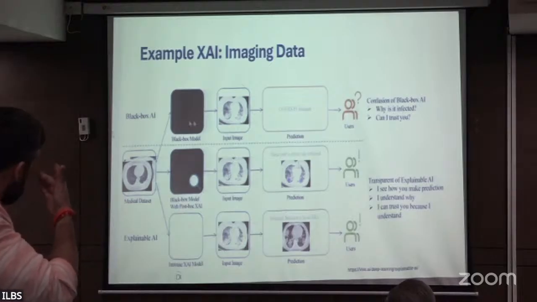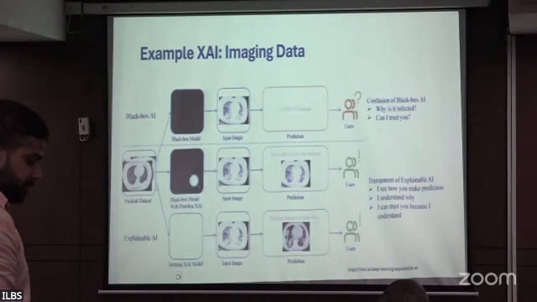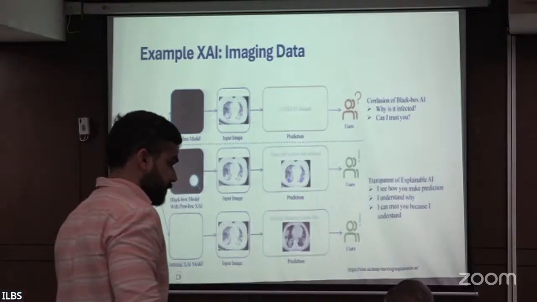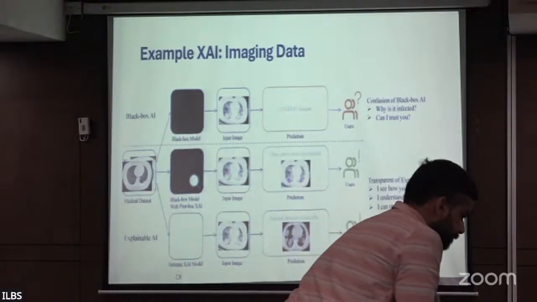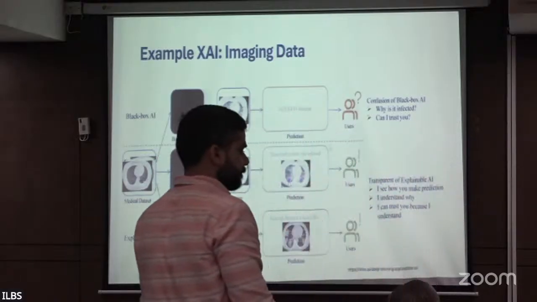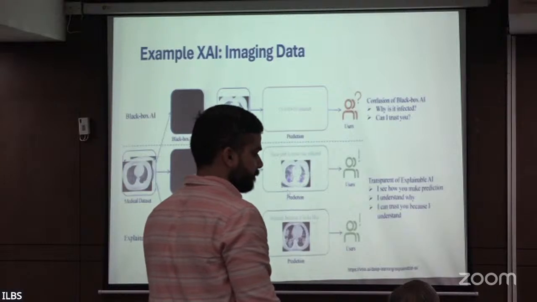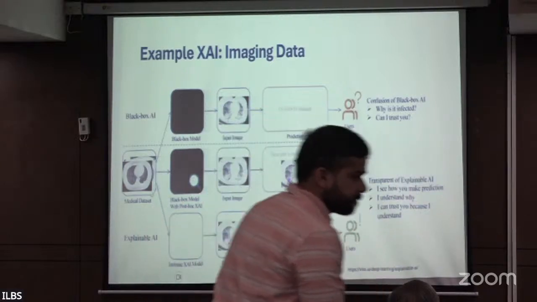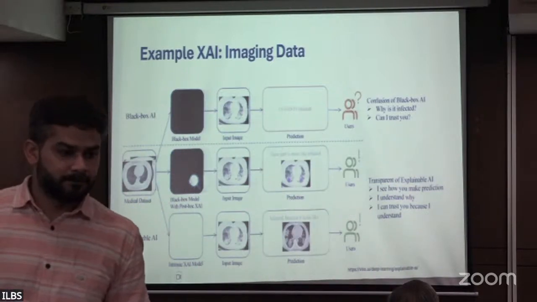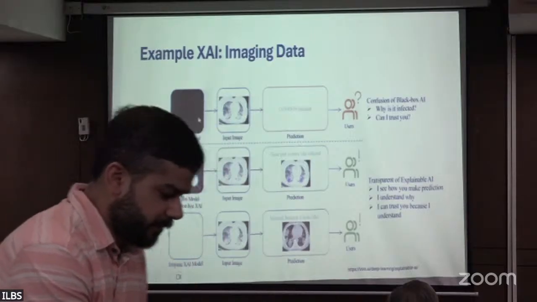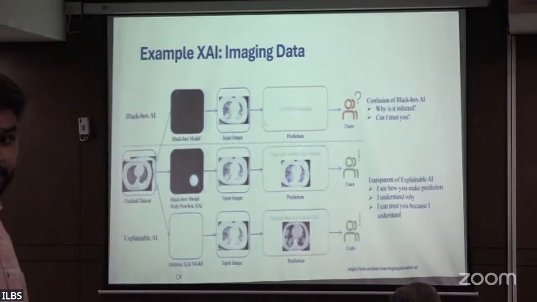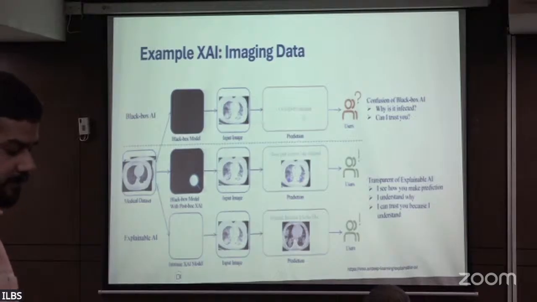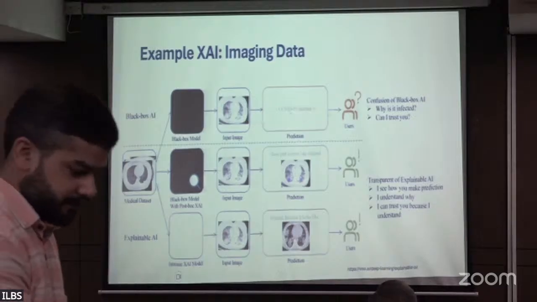So the top panel is showing a black box model. It is for a COVID data set to identify the person having the COVID related infection or not using X-ray image, sorry, CT image. So in this image, the top panel is showing COVID infected, yes.